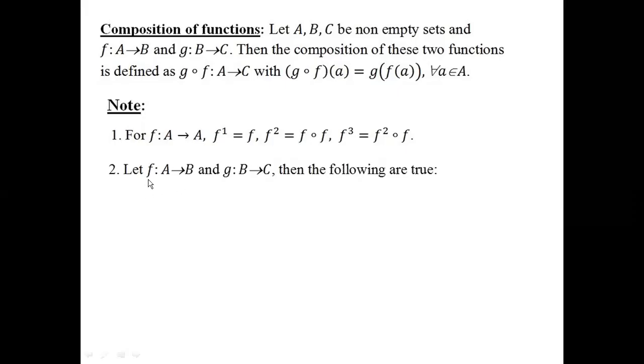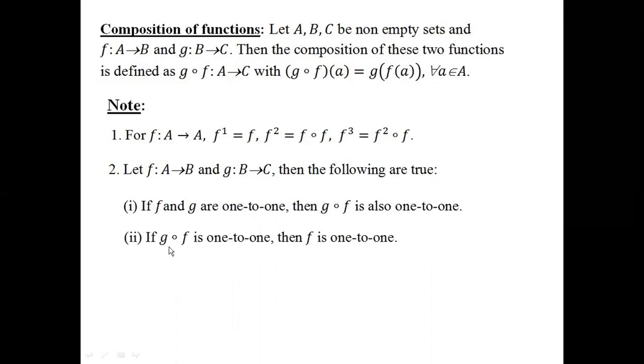Secondly, suppose f is a function from A to B and g is a function from B to C, then the following are true. First one, if f and g are one-to-one functions, then g composition f is also one-to-one.